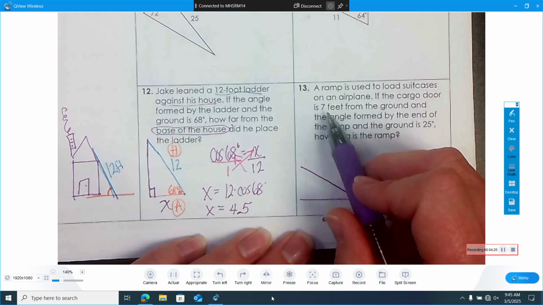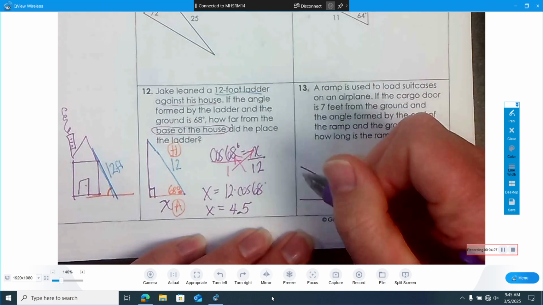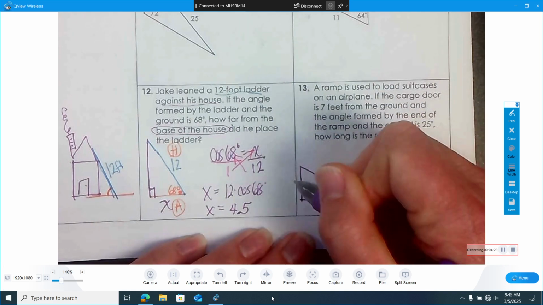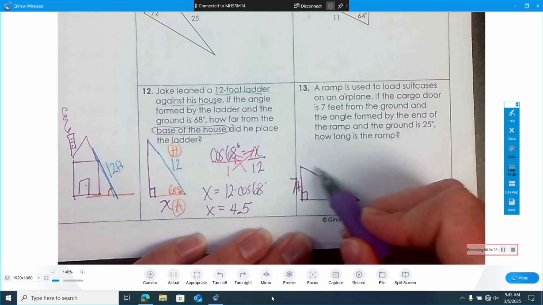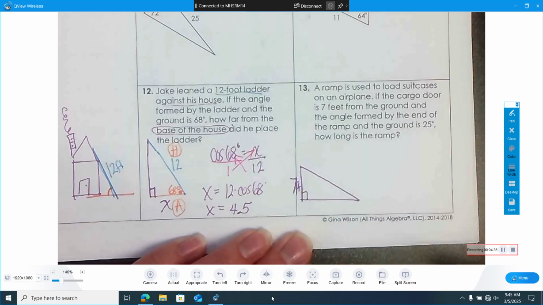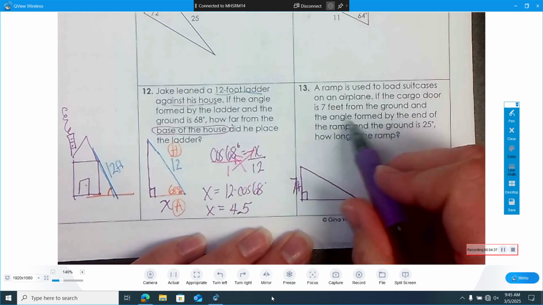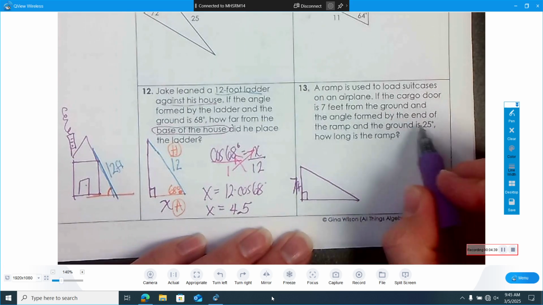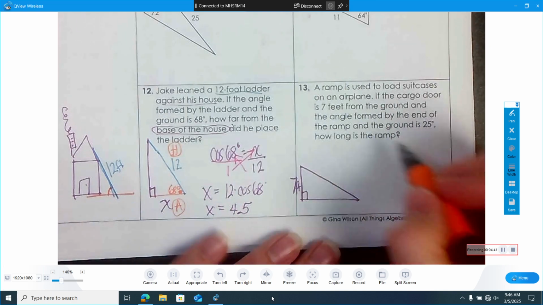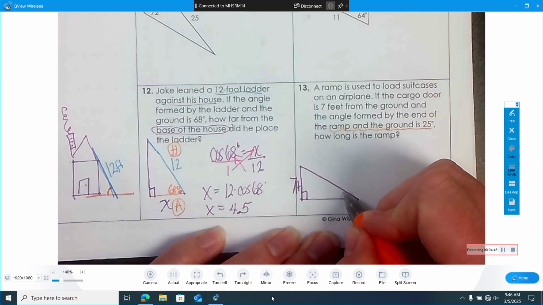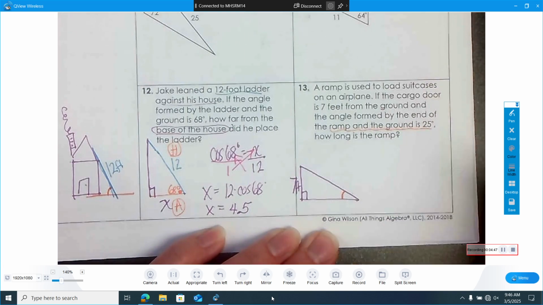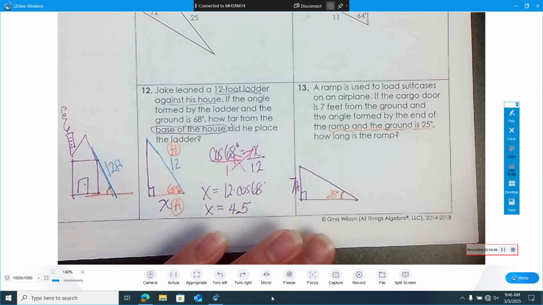If the cargo door is 7 feet from the ground, so what we have here is this door 7 feet up that we are loading those suitcases on up into the airplane. And the angle formed by the end of the ramp and the ground is 25. So again, reading very carefully, the angle between the ramp and the ground, so right here, is 25 degrees.